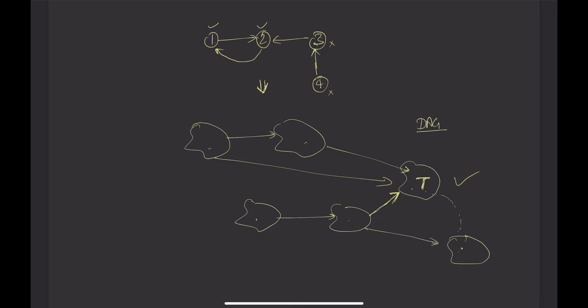But if there is only one sink node, then the answer will be all the nodes belonging to this strongly connected component. I think it's simple.